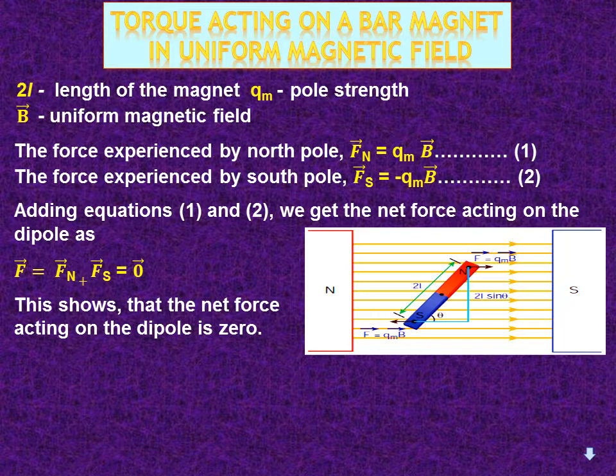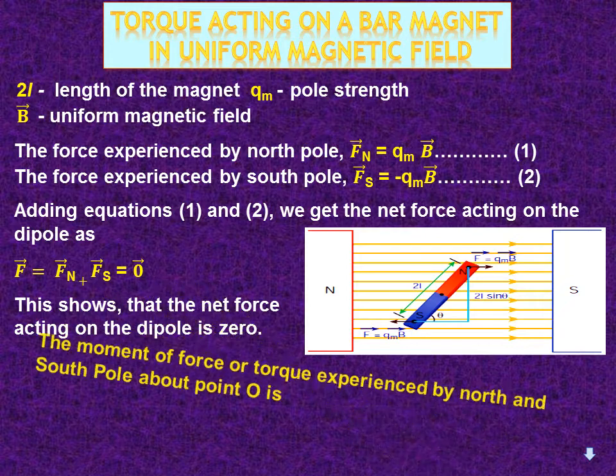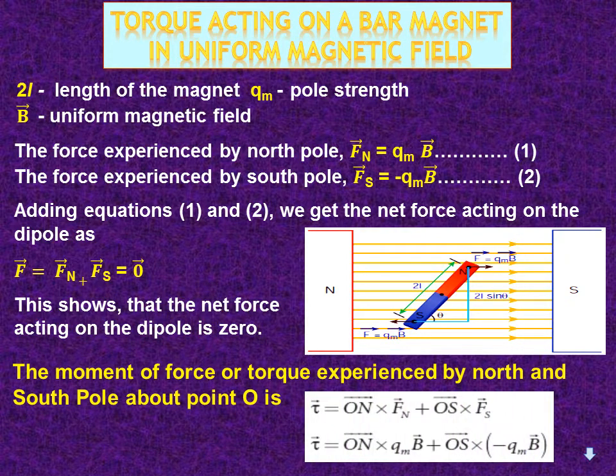Now the moment of force, or torque, experienced by the north and south pole about point O is tau vector, which is equal to ON cross Fn. What is meant by ON? This is O and this is N. So ON cross the force at the north pole, plus OS, from the midpoint O to S, cross Fs.